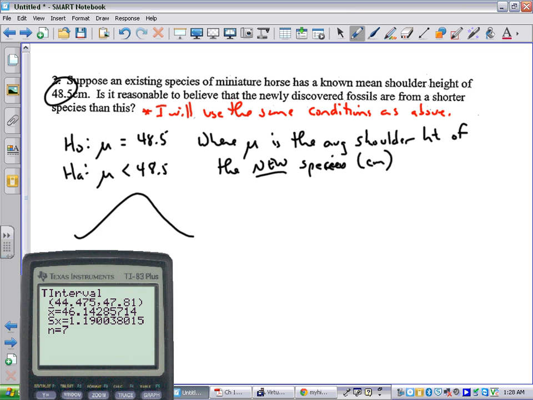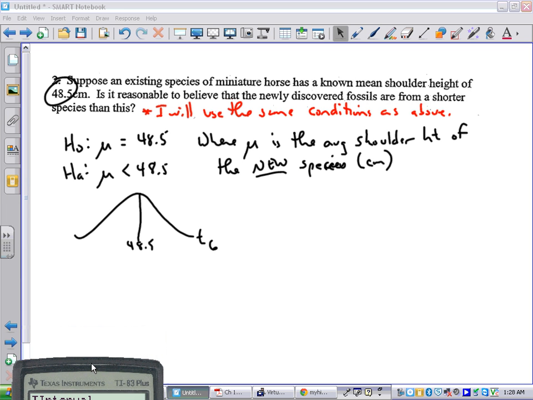When I draw me a picture, I've got the t distribution with 6 degrees of freedom. This is 48.5. The x bar that we have was 46.143. This area right here will be the p-value. My standard deviation is 1.190 over the square root of 7.